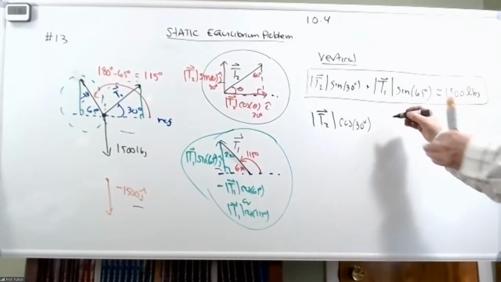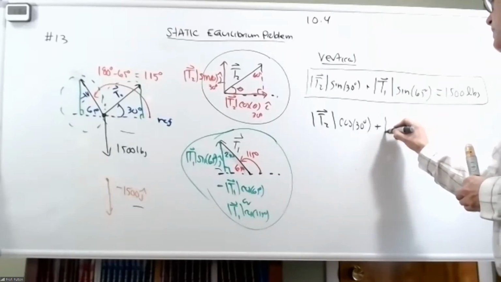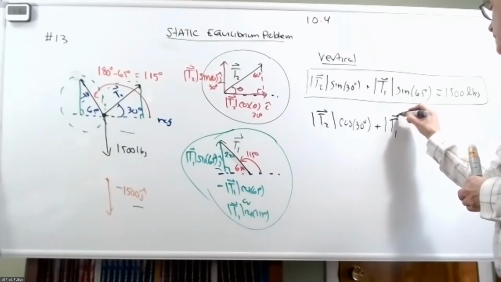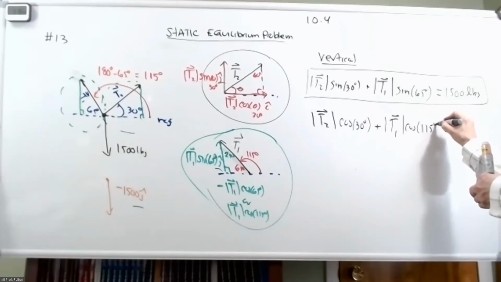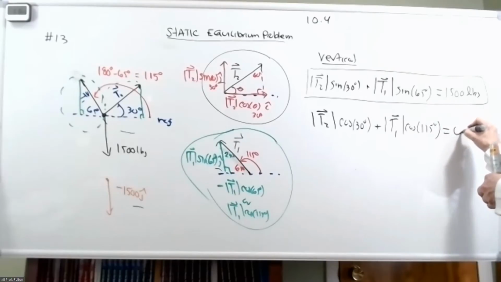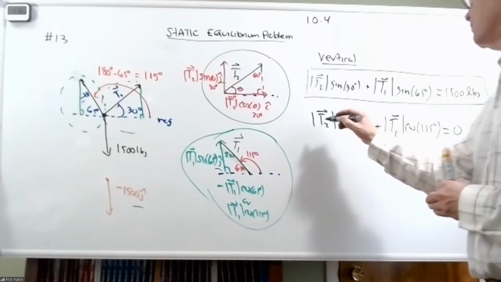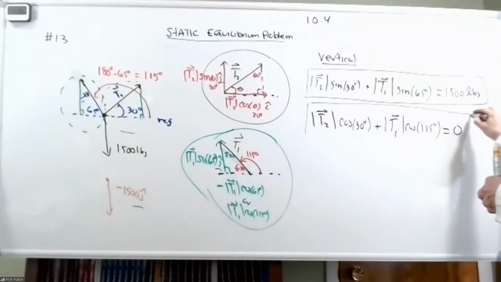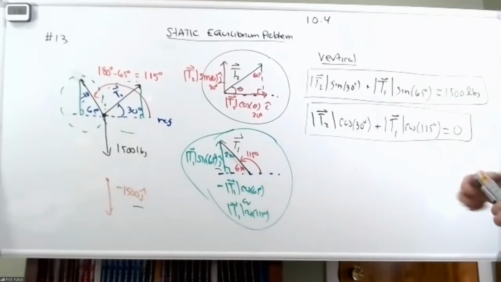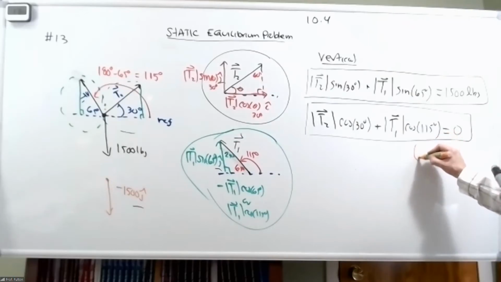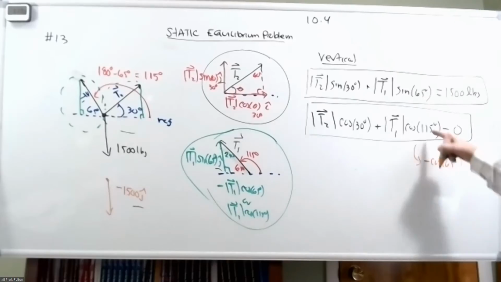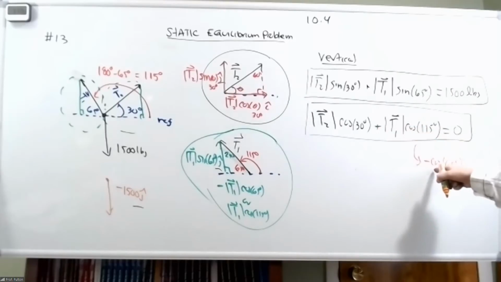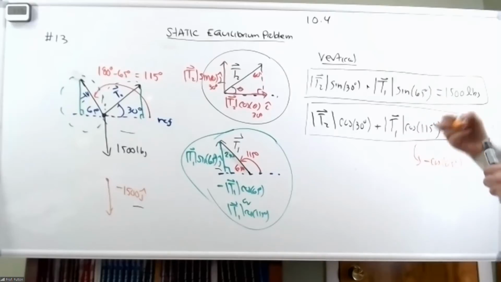It doesn't matter, so I'll do plus, the magnitude of T1 times the cosine of 115 degrees. That must equal 0, since there's no counterbalance here. I could have replaced this with minus the cosine of 65 degrees, and they'd cancel each other out.